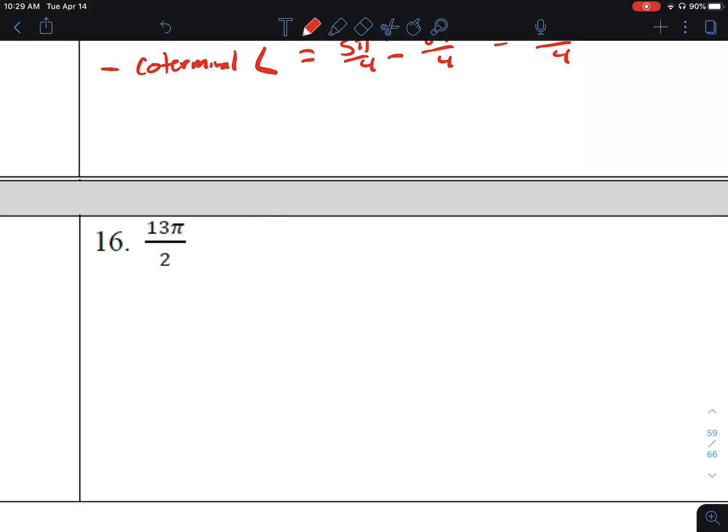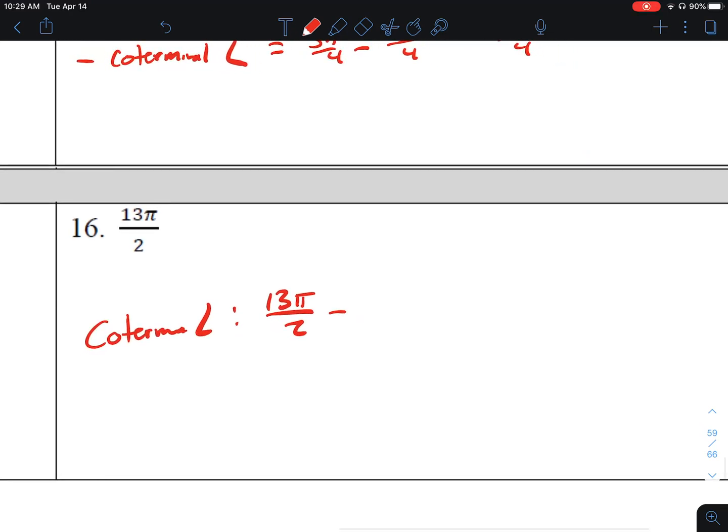Using 2 as a denominator, one revolution would be 4 pi over 2. So to find a coterminal angle, we could take 13 pi over 2 and subtract a revolution as many times as we need to. I'm going to subtract a revolution. If I do that, I'm going to get 9 pi over 4.